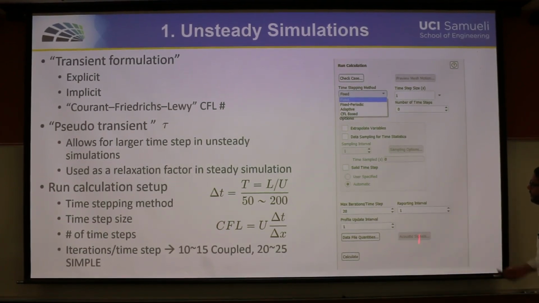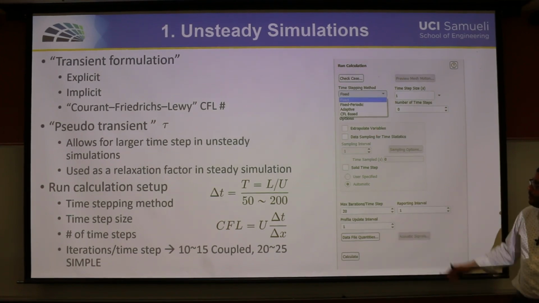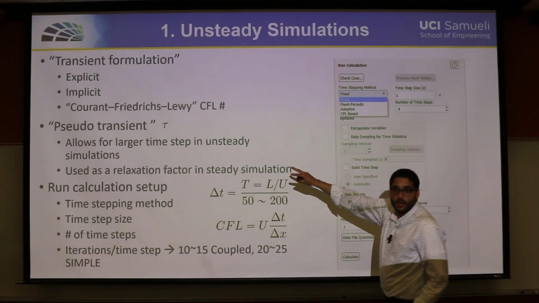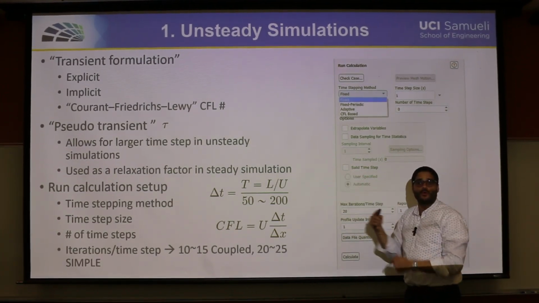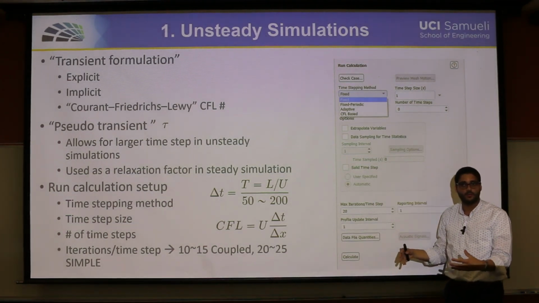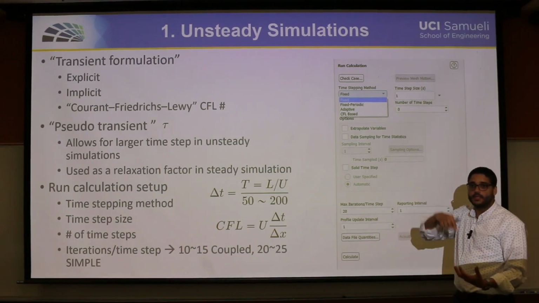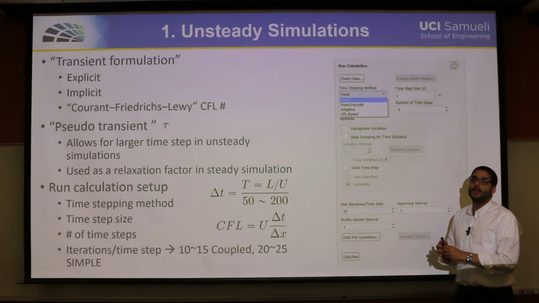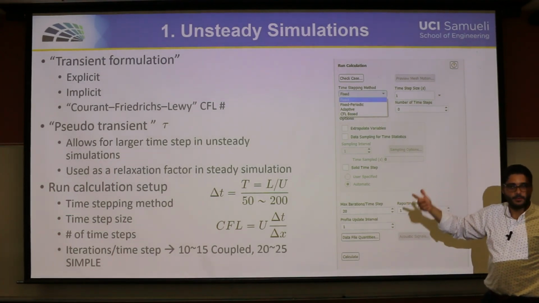And one final thing in the solution controls is the iterations per time step. Remember, for the pseudo transient, we are solving as if it's two nested for loops, one for the physical time domain and one for the fictitious numerical time domain that we are trying to relax the numerical problem with. This second loop, or this inner loop, needs a number of iterations regardless of your time step.